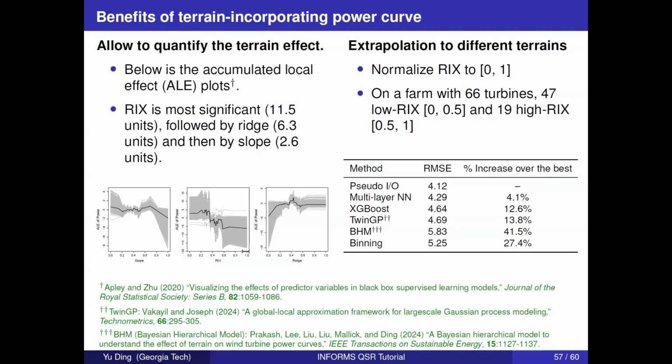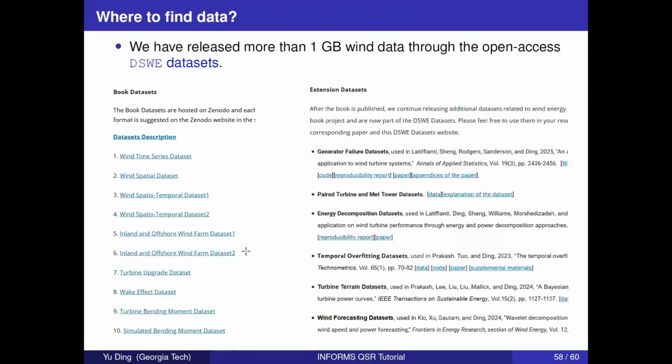By using that one, even using the terrain, the performance is not so great. The binning actually, if you only use the binning and just translate to a different terrain, sometimes does not so bad, right? 27%, but compared with if the parametric function doesn't exactly satisfy the assumption, the binning still can do better.